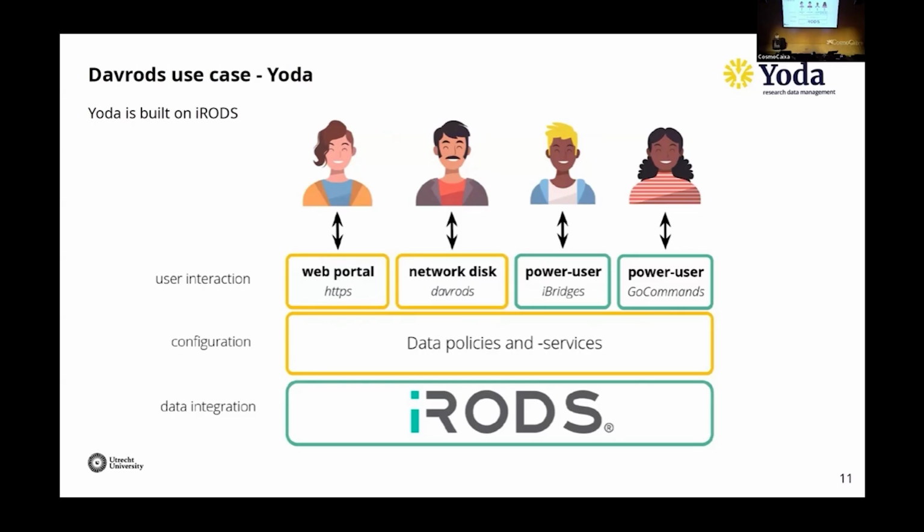And on top of that sit our UU data policies and custom microservices. There are multiple ways to interact with Yoda. We have the web portal. Besides iCommands, power users can also go through iBridges and Go commands. And if the user wants to interact with Yoda through a network disk, they can do so through Davrods.